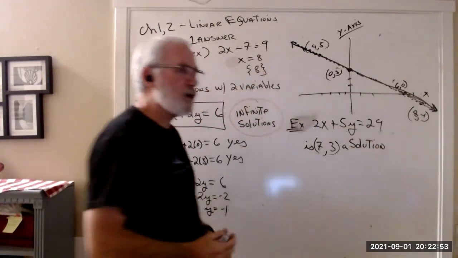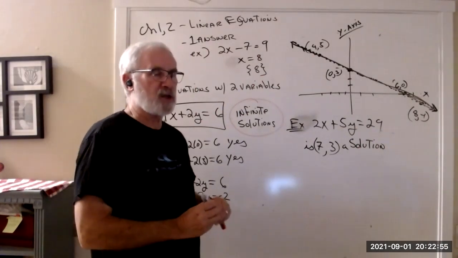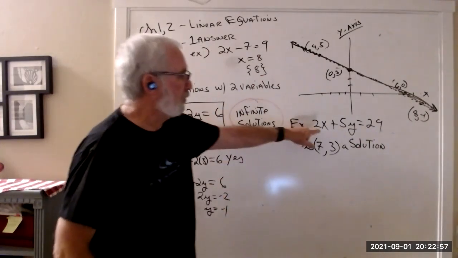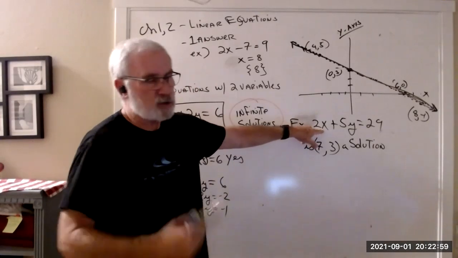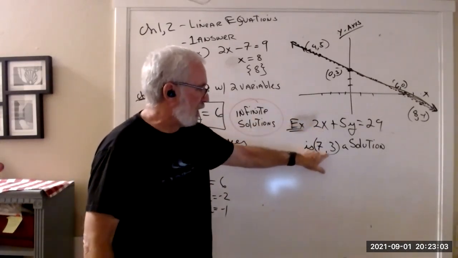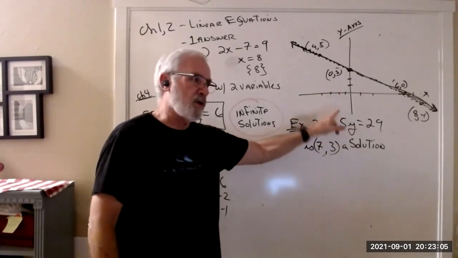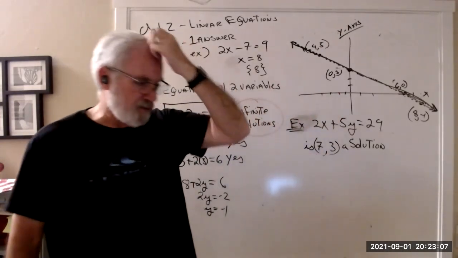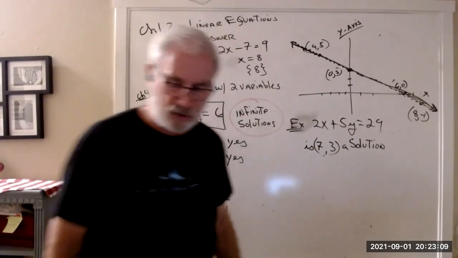That's going to be one of the things Mom is going to ask in the homework. Give you some equation, and I just made this one up, and ask, is (7,3) a solution to this equation? So take a second, see if you can figure out if it is or isn't.